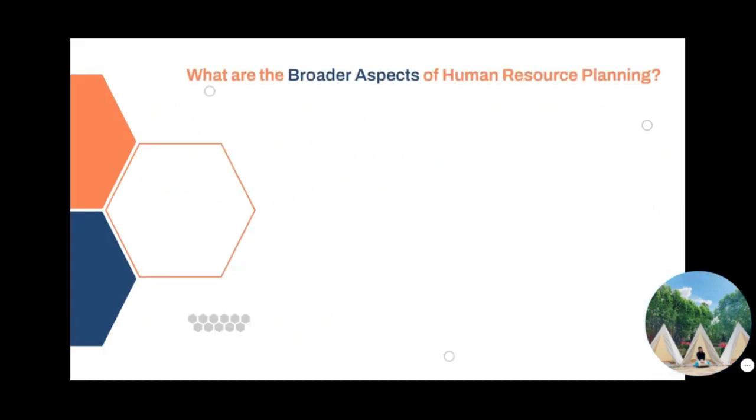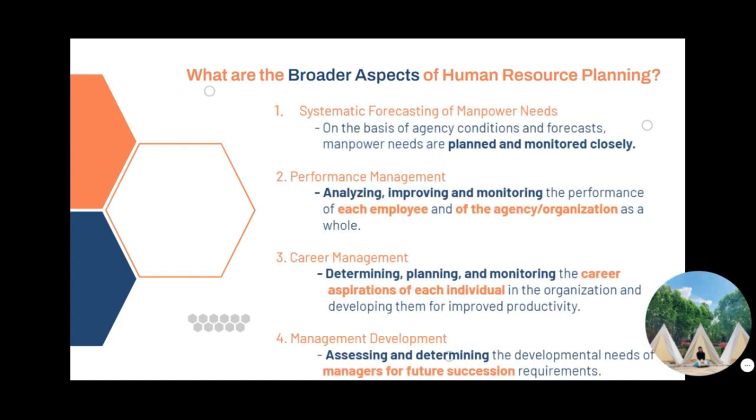What are the broader aspects of human resource planning? There are 4. The first one is systematically forecasting of manpower needs. So this means that on the basis of agency conditions and forecasts, manpower needs should be planned and monitored closely. Second, performance management.